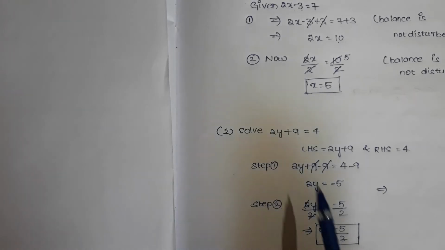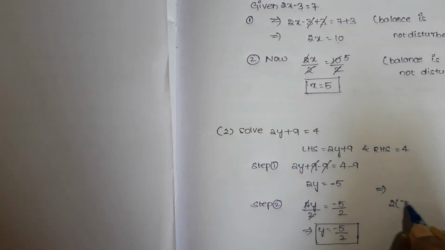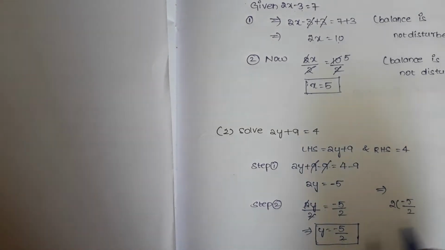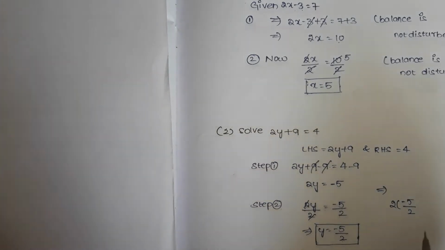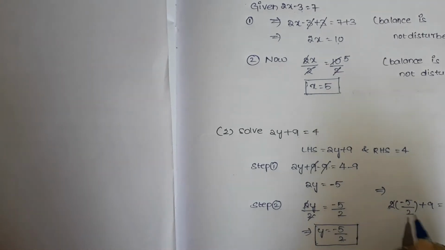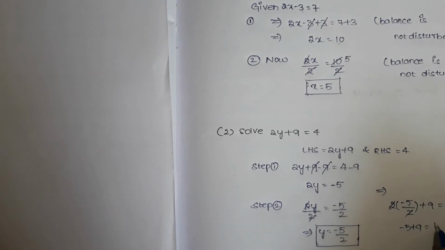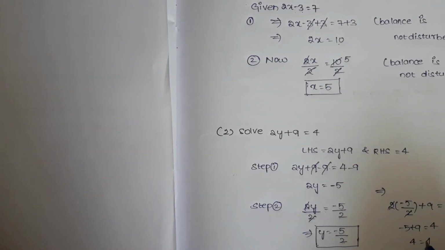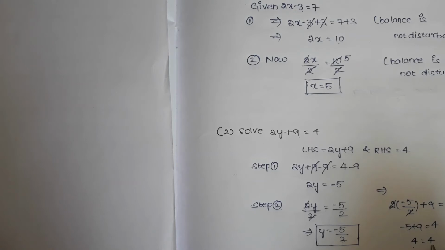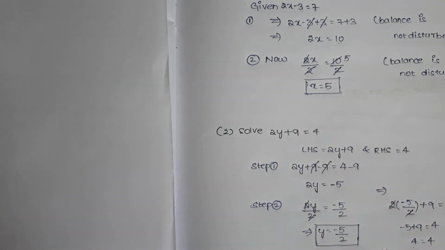Now let us verify by substituting y equals minus 5 by 2, that is 2 into minus 5 by 2 plus 9 equals 4, that is here 2 and 2 get cancelled, minus 5 plus 9 equals 4. That is 4 equals 4. LHS equals RHS, and hence proved this solution.